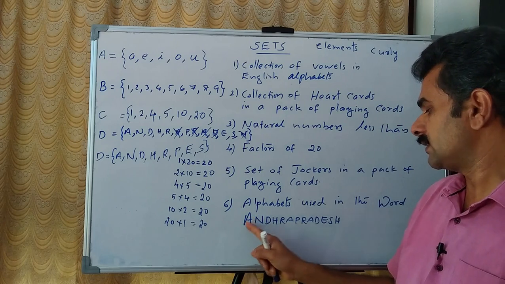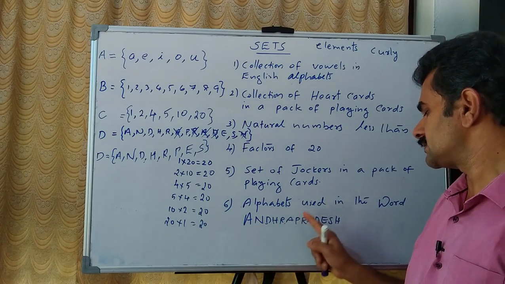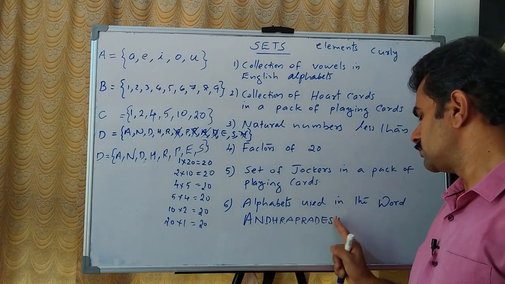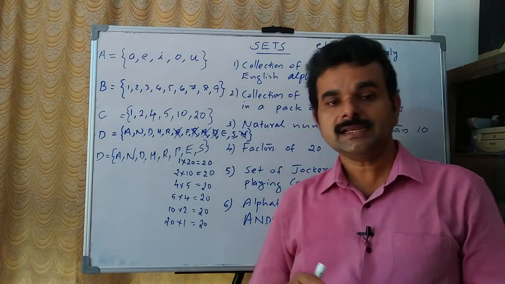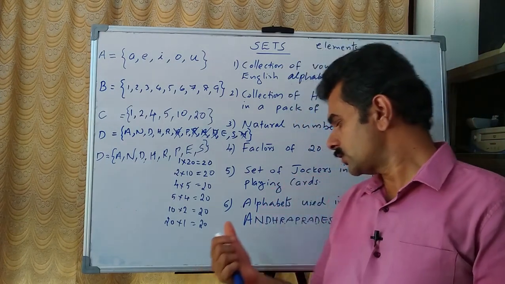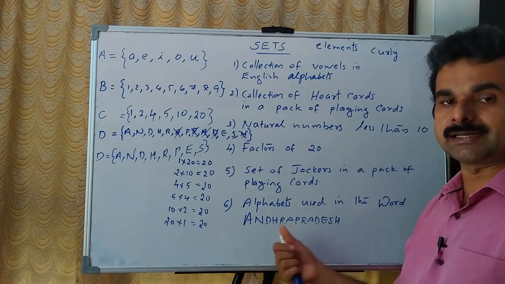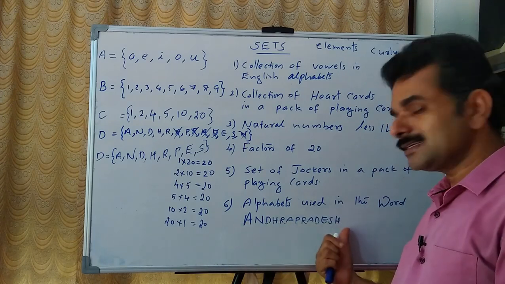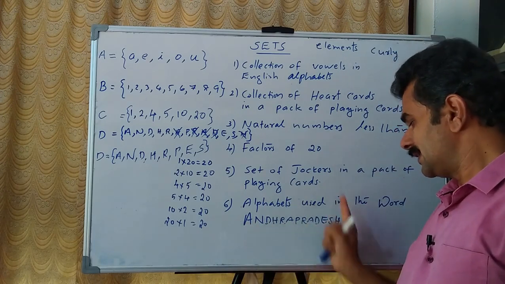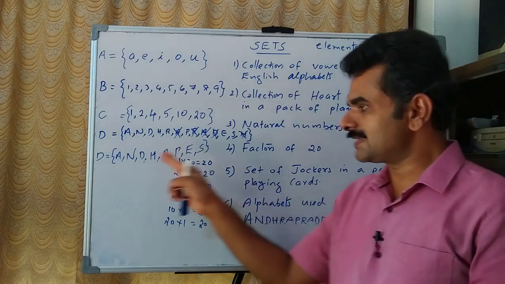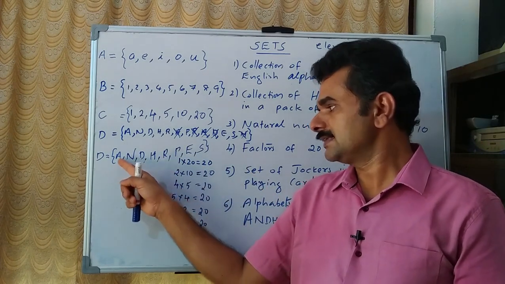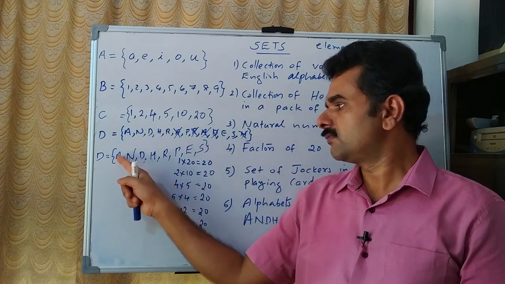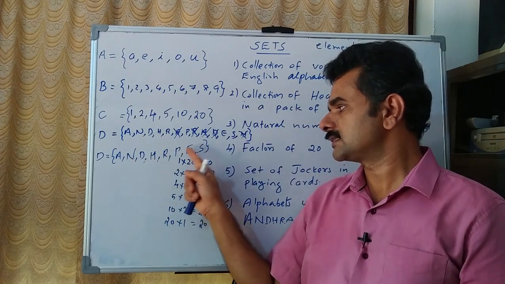We are counting as 1, 2, 3, 4, 5, 6, 7, 8, 9, 10, 11, 12, 13. 13 characters are used to represent the word Andhra Pradesh. But after mentioning these alphabets by set, in this set, how many alphabets? 1, 2, 3, 4, 5, 6, 7, 8.